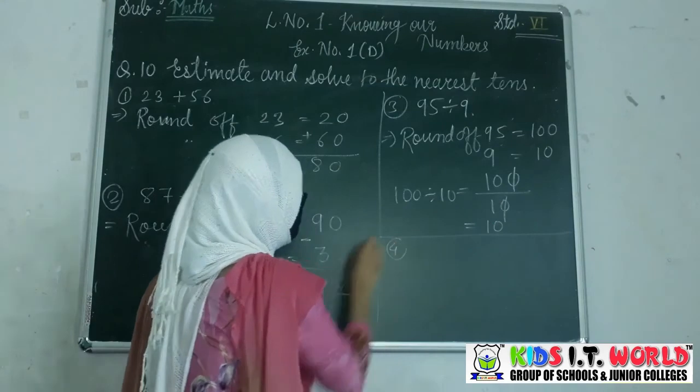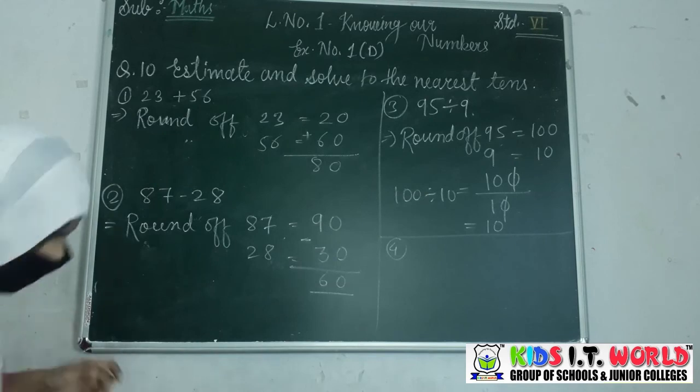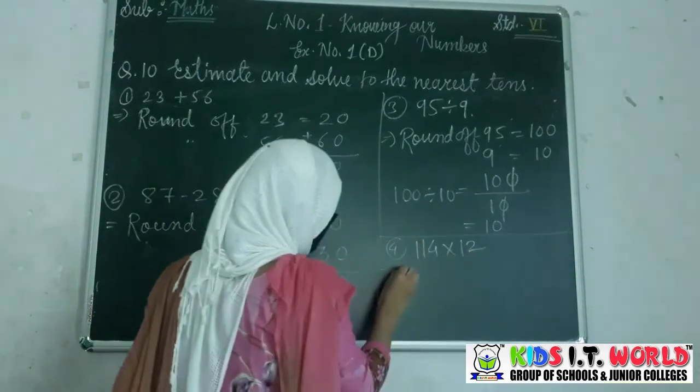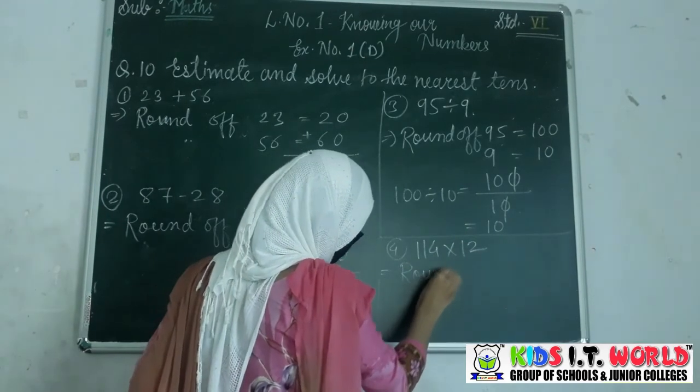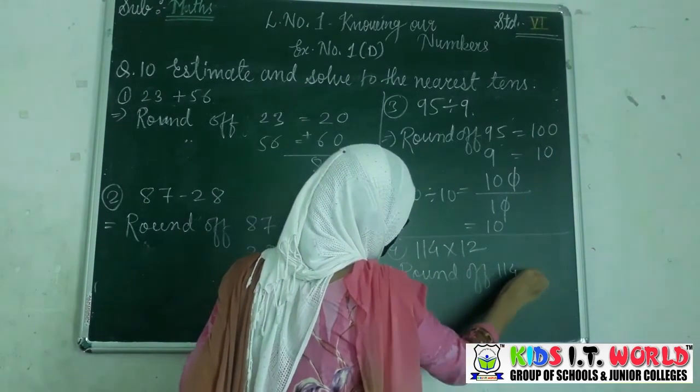Now the next one: you have to estimate for the multiplication also, which is 114 into 12. Again the same process, you first round off 114, then 12.